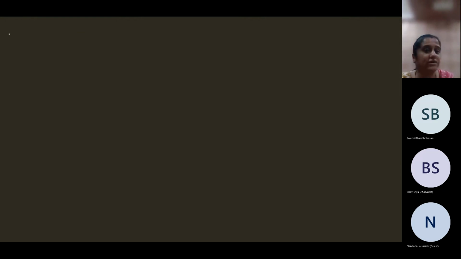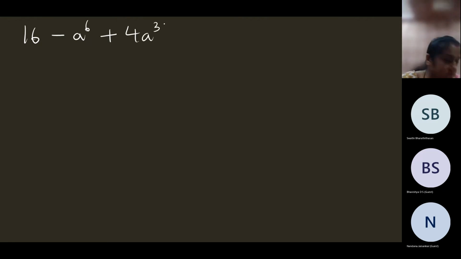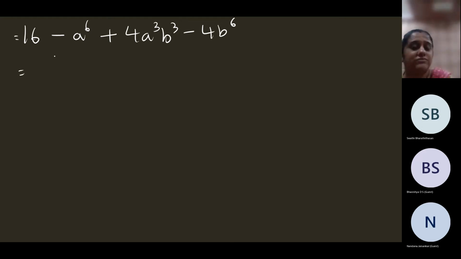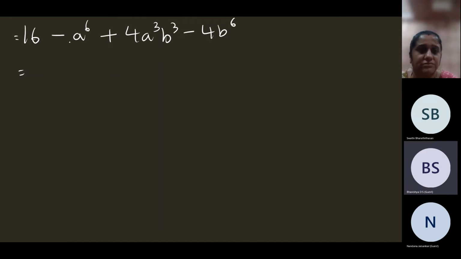I think I gave you 16 minus a to the power 6 plus 4a cubed b cubed minus 4b to the power 6. Yes, children. 16, we should write as it is, ma'am.